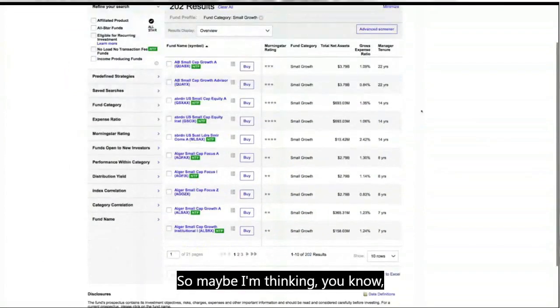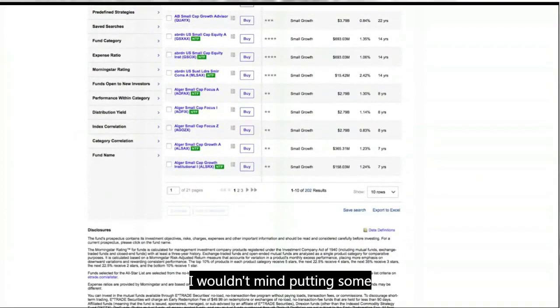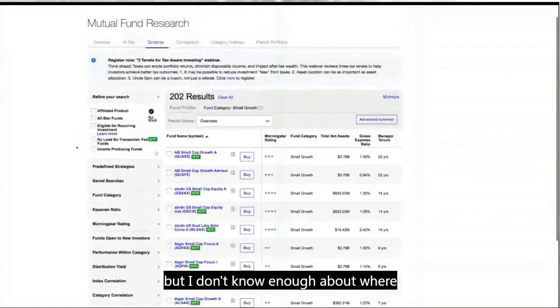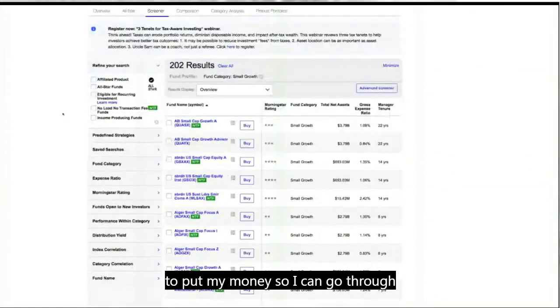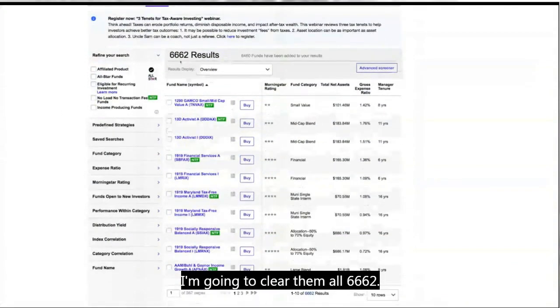So maybe I wouldn't mind putting some money towards Asia, but I don't know enough about where to put my money. So I can go through and say, let's see what kind of mutual funds maybe I've got access to. I'm going to clear them all, 6,662.